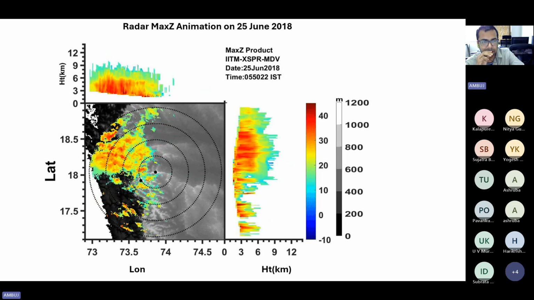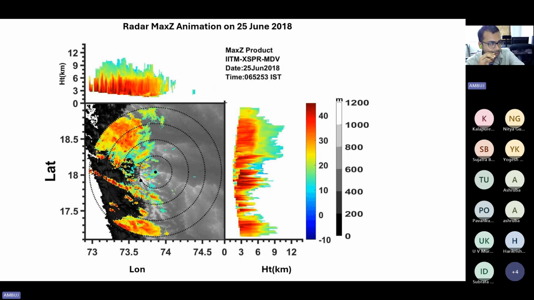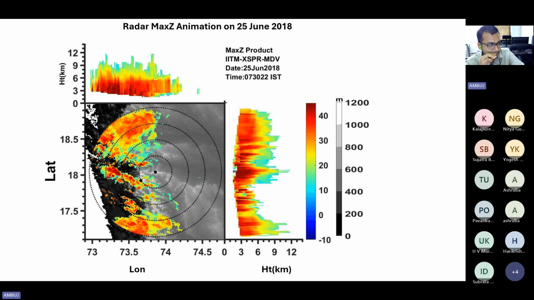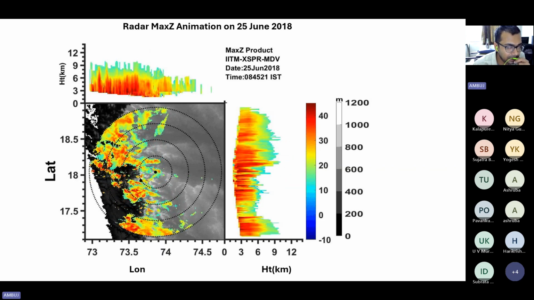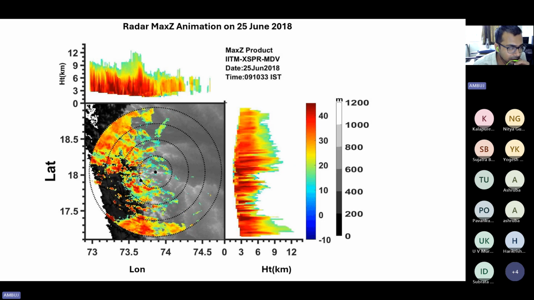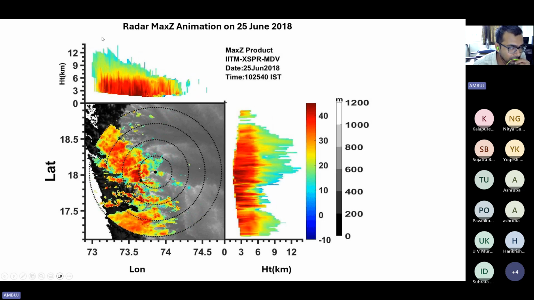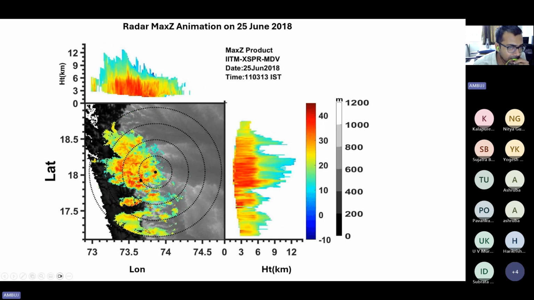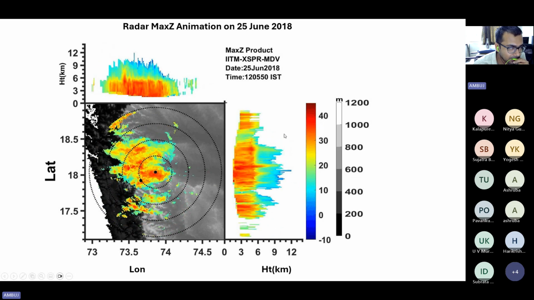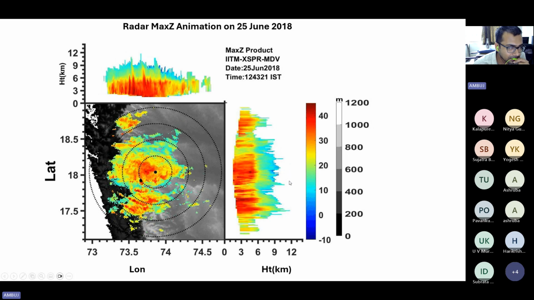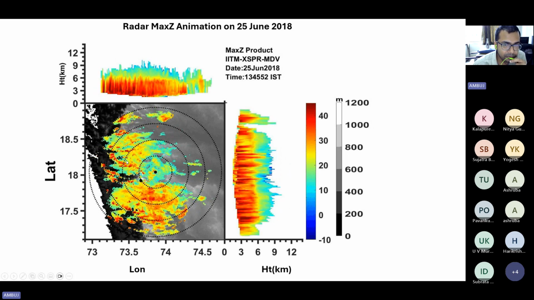As the name suggests, this plot helps us visualize where the strongest reflectivity values occur, both horizontally and vertically. The main plot is the top-down view, while these side plots are vertical cross sections along the east-west and north-south directions.